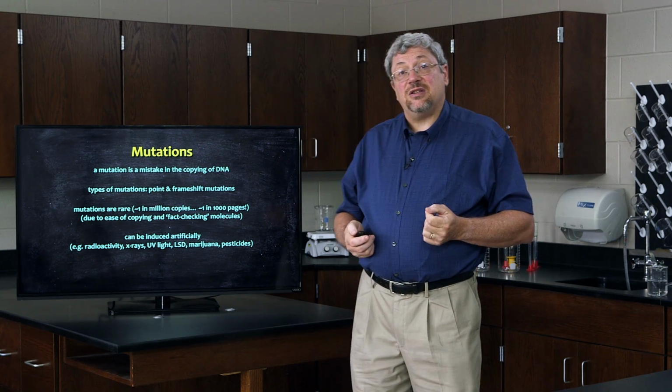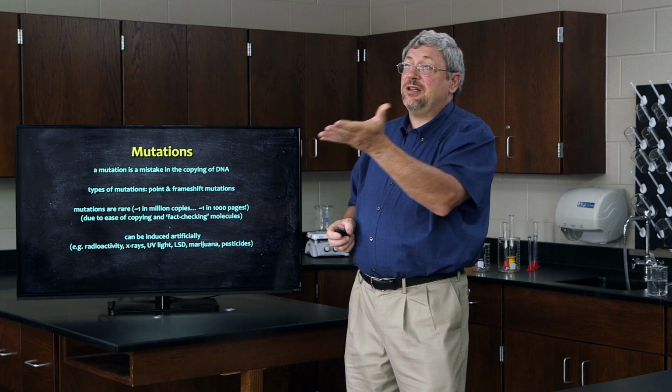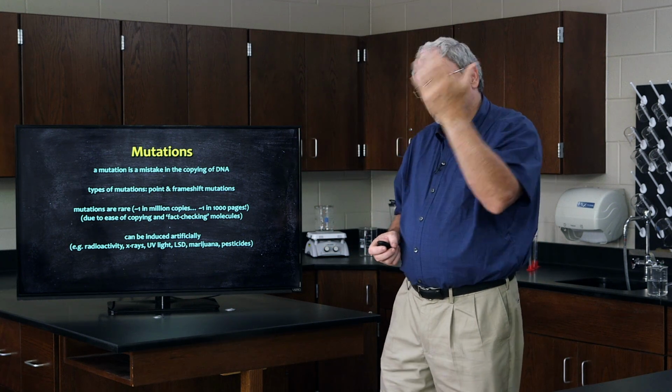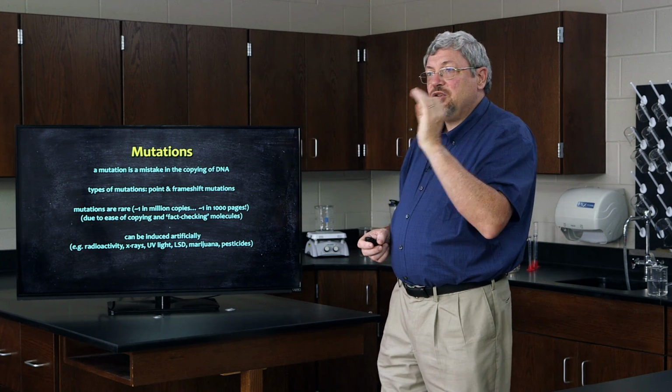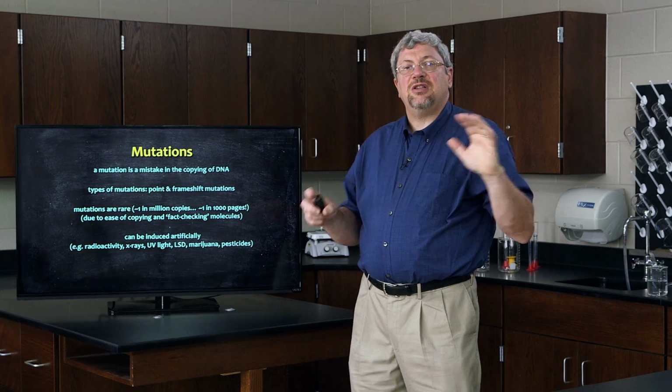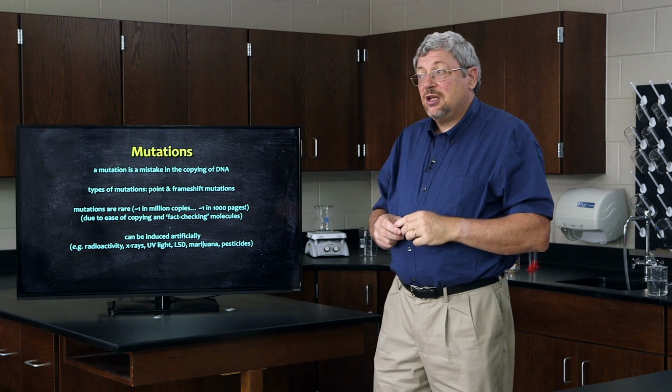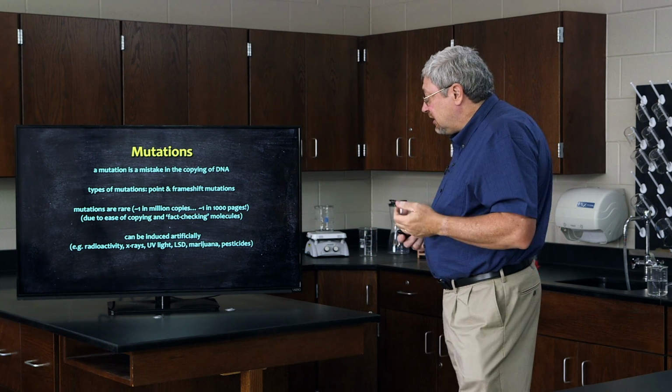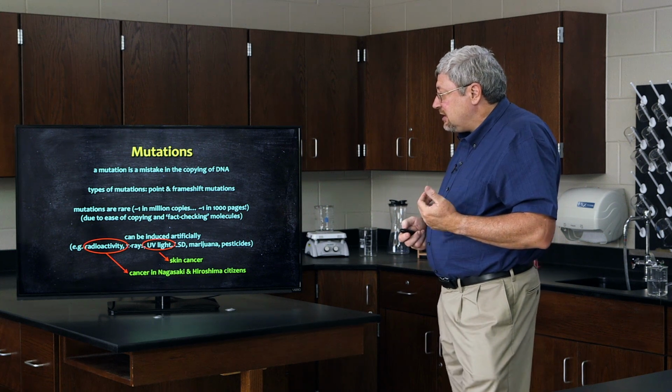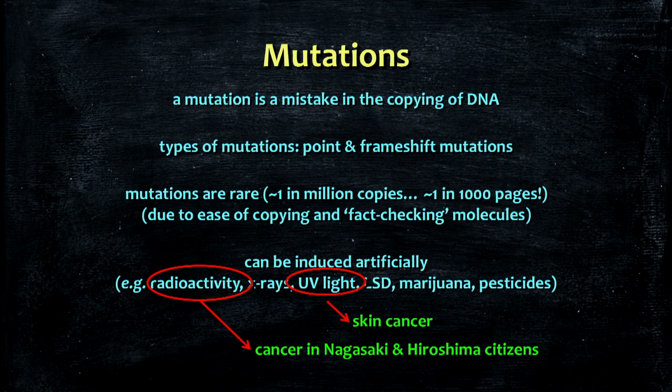UV light does this as well. If you lay out in the sun and get a suntan or a sunburn, mutations actually are induced in the skin cells of your body. And this can result later in life in cancer. In fact, backing up to the radioactivity issue, radioactivity can cause mutations which later can develop into cancer.